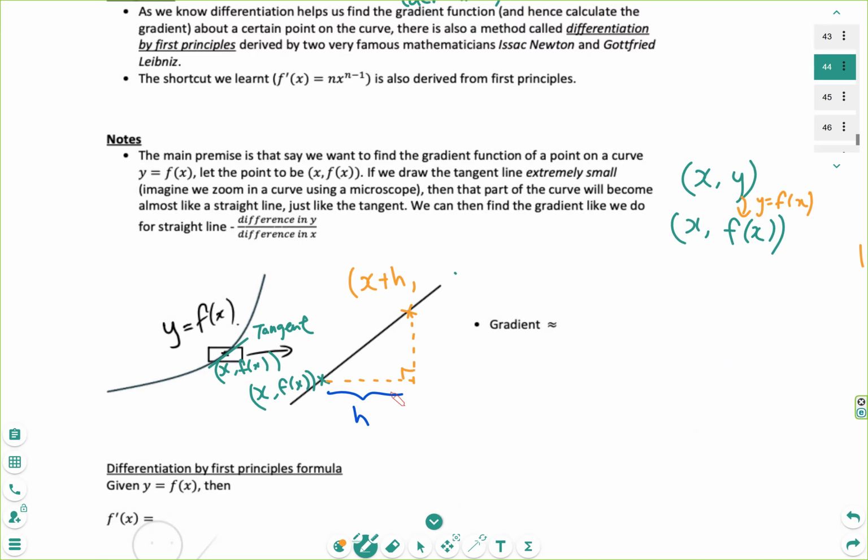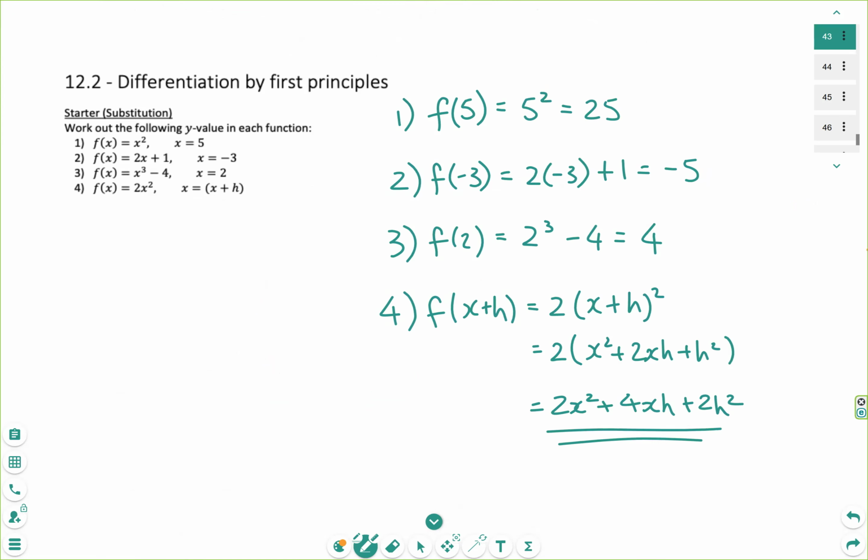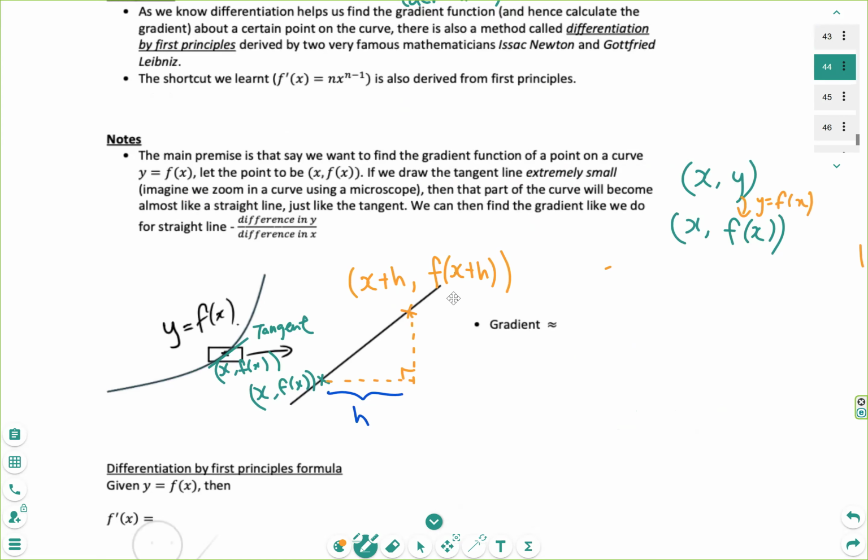What about the y? Now, x, f of x. So if x is x, then y will be f of x. If x is x plus h, then y will be f of x plus h. Hence, same thing as what you've done at the start of the question about x plus h.